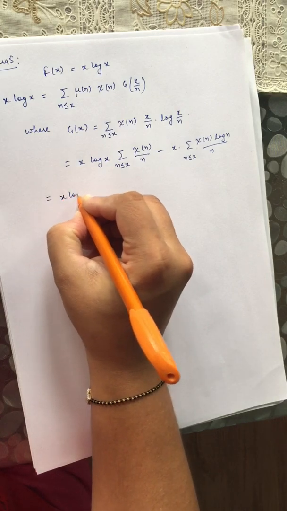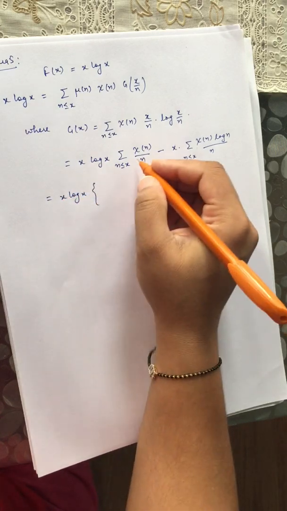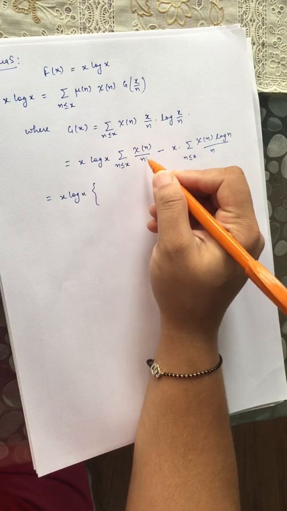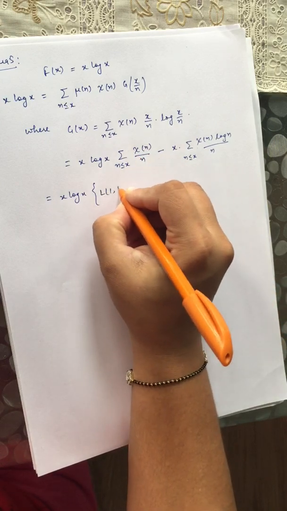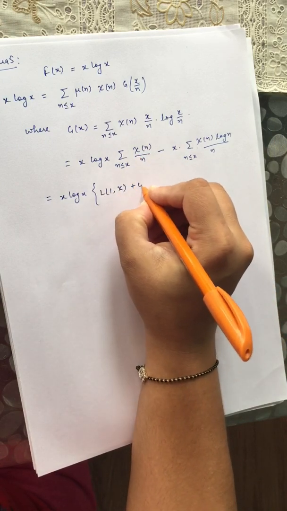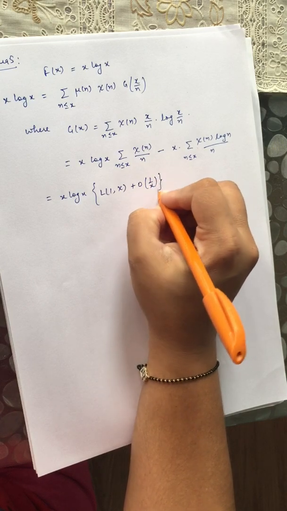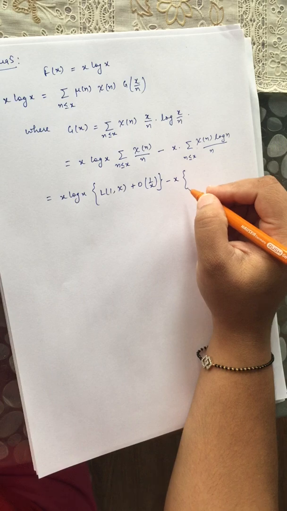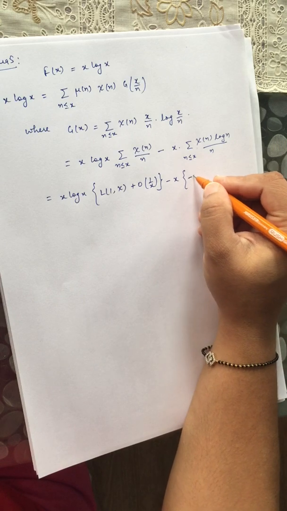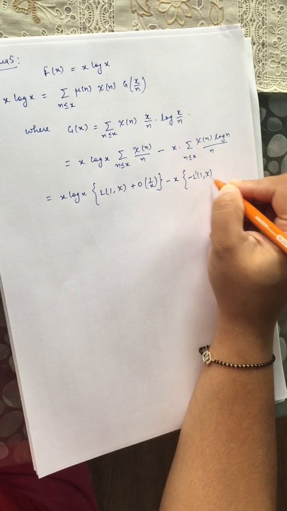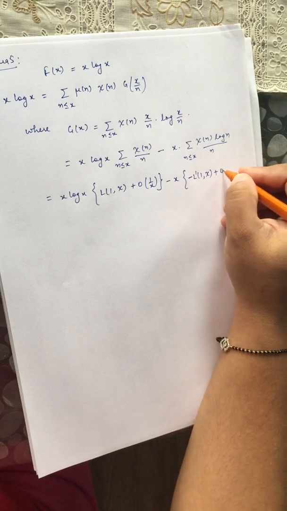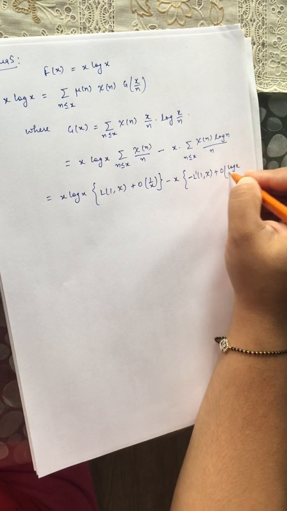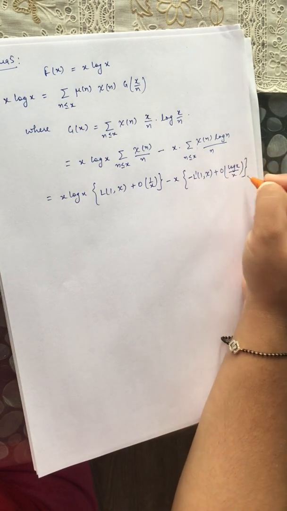So this is summation n varying from 1 to infinity chi(n) upon n, that is just L(1, chi). So this is L(1, chi) plus order of 1 by x, then minus x, then minus L'(1, chi) plus order term, which is log x upon x.